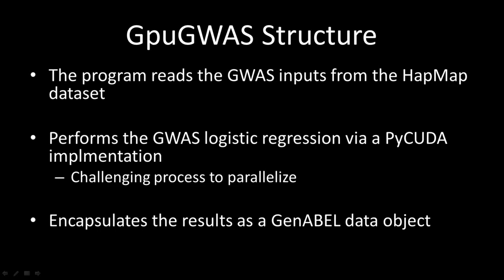This section describes the structure of the GPU GWAS. The program first reads the GWAS inputs from the HapMap dataset and then performs the GWAS logistic regression via a PyCUDA implementation.